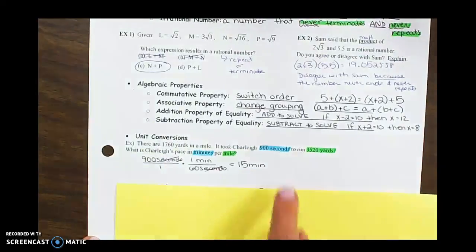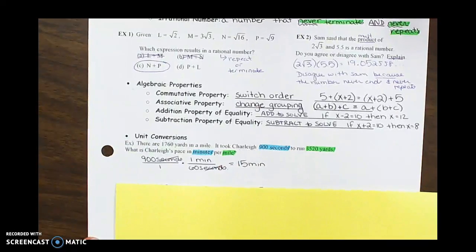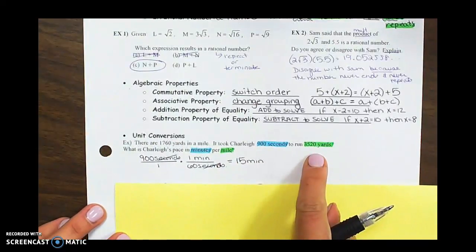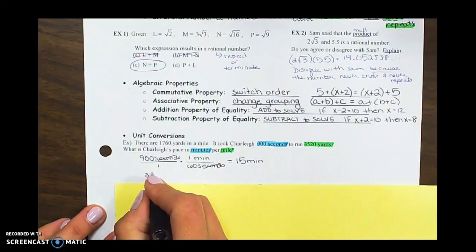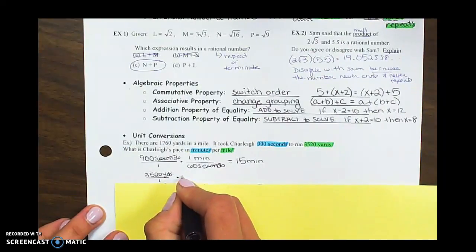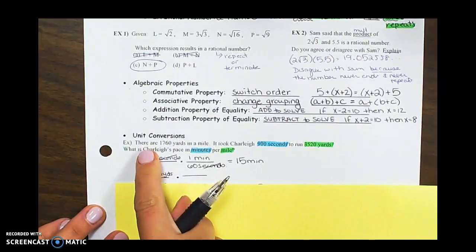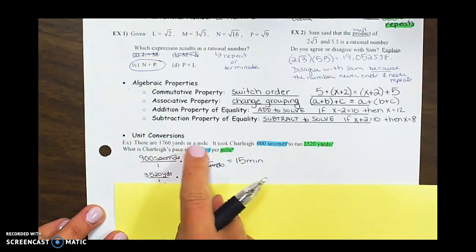Okay, up next, now we want to convert yards into miles. So that's going to be our distance conversion. I'm going to start by writing down what we're given: 3,520 yards over 1. And I'm going to multiply that by my conversion factor. It actually says it right here, there are 1,760 yards in a mile.